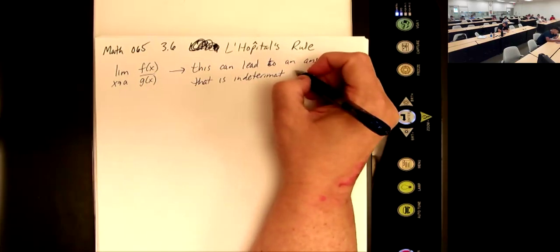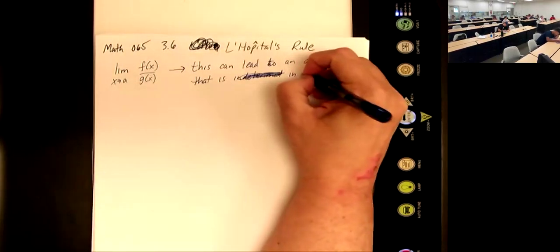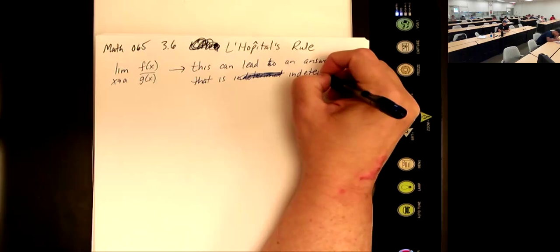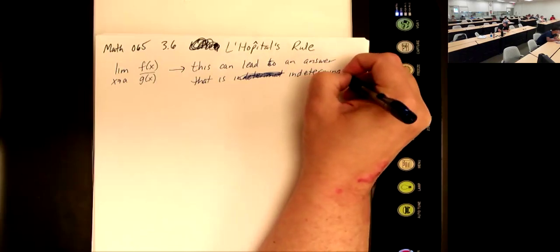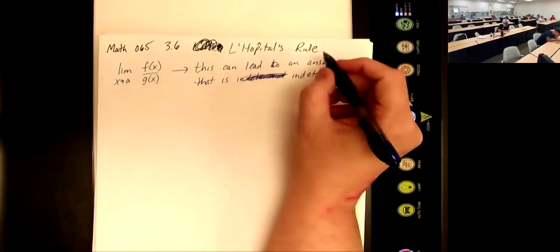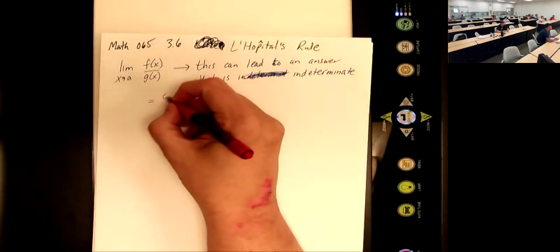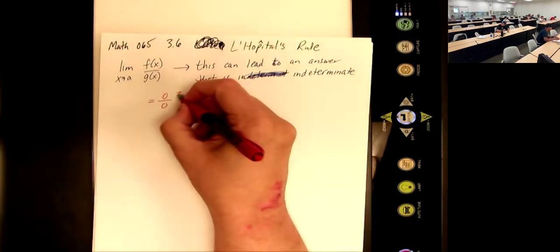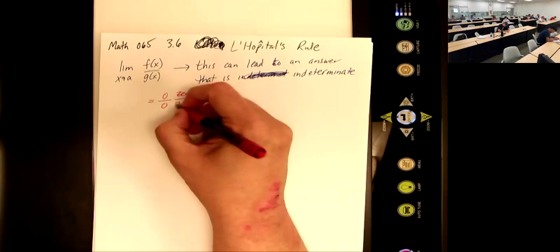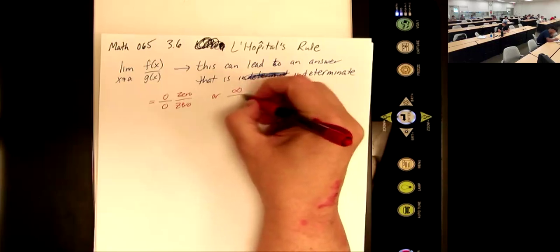For example, a couple times we saw we would get 0 over 0. That's not a division sign, that is 0 over 0. Or we could get infinity over infinity.